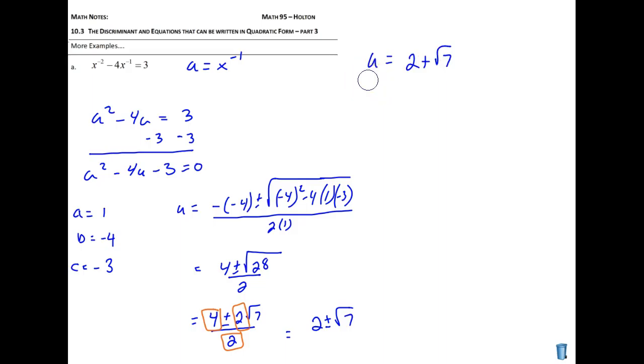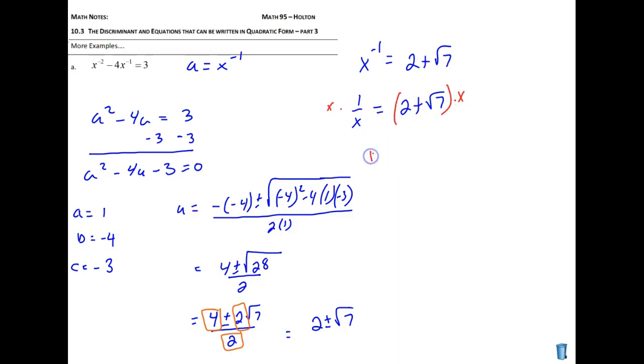And instead of writing u, because that is my u value, I'm going to write that as x to the negative 1. So then remember, what is x to the negative 1? Well, x to the negative 1 is really 1 over x, and that is equal to 2 plus the square root of 7. So when I think about how I solve this, I need to multiply by x on both sides.